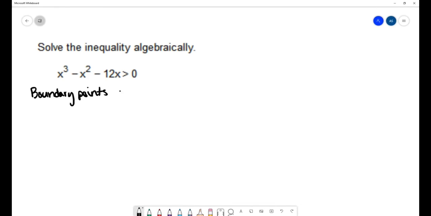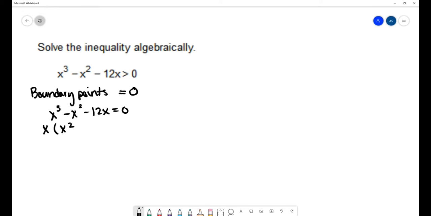The boundary points are where this expression equals 0. So we're going to solve that equation: x cubed minus x squared minus 12x equals 0. I can solve this by factoring. I'll factor out an x.